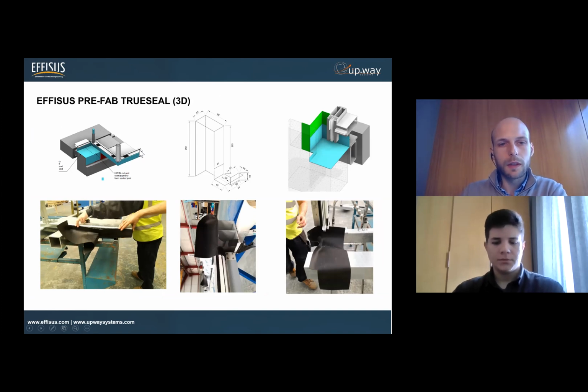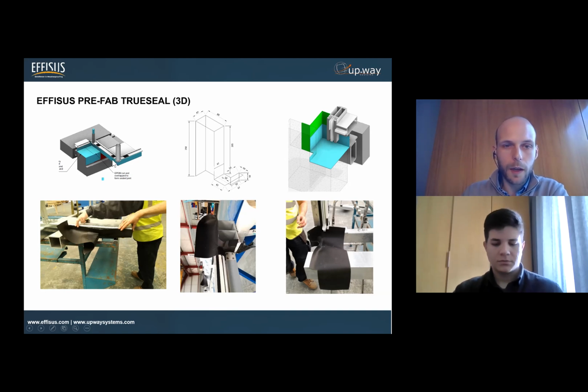So if they're able to give us some details prior to the manufacturing, we are able to look into these details and to provide and recommend our solutions. For instance, in this case, we have a direct relation with the final pieces, prefabricated for very specific projects.